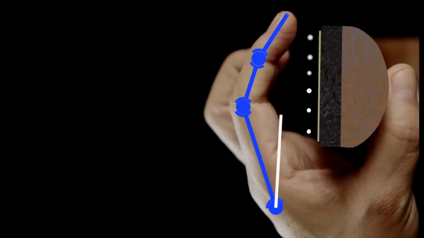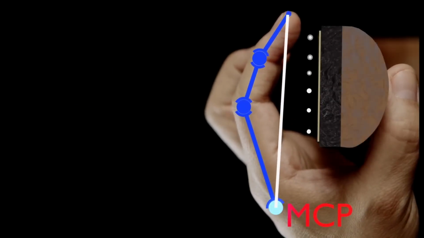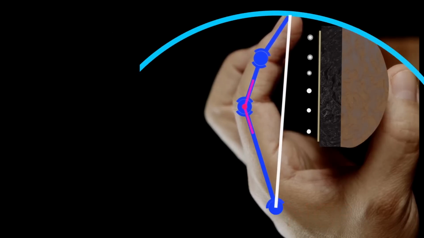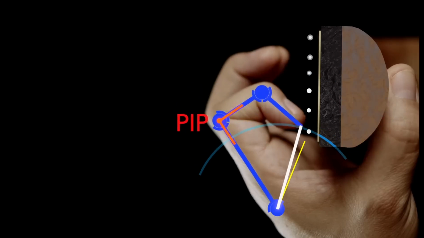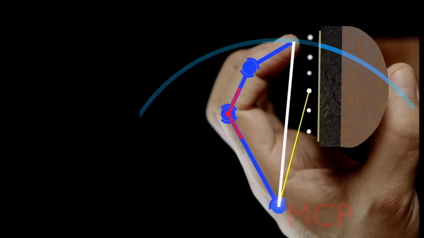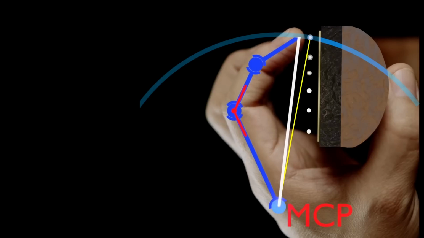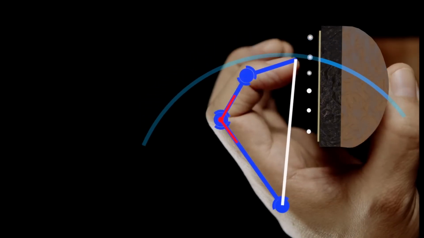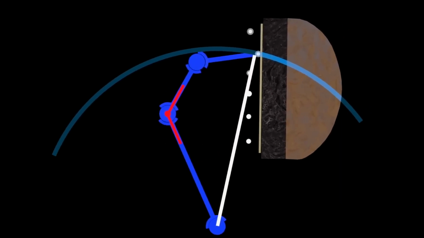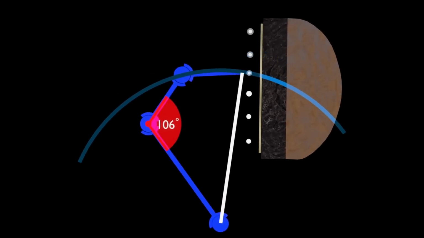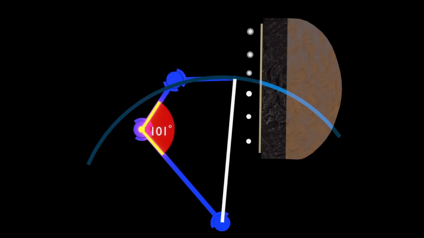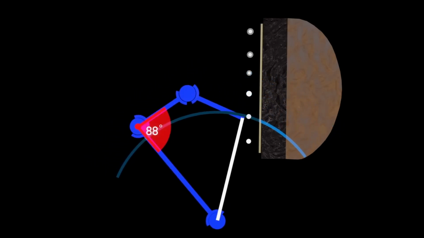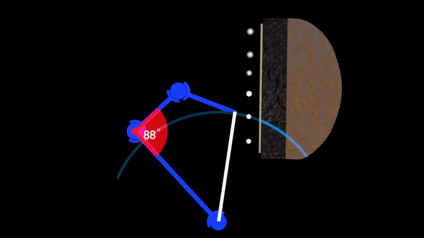The virtual line between the MCP joint and the fingertip is the radius of its trajectory, and its length is determined by the angle of the PIP joint. Each string is at a different distance from the MCP joint, so each will require a specific angle of the PIP joint to be in the trajectory of the fingertip and be pressed by it. By controlling the size of this angle, after the MCP removes the finger from the string, the PIP can aim the fingertip at different strings and land on them when the knuckle joint flexes again.